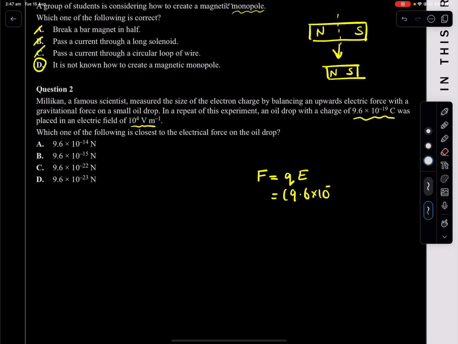Sorry, this is supposed to be negative 19, yeah, negative 19, times the electrical field. Let's try that now. Okay, we get 9.6 times 10 to the negative 15. B is your answer for that one.